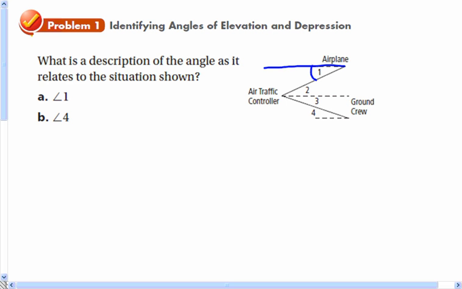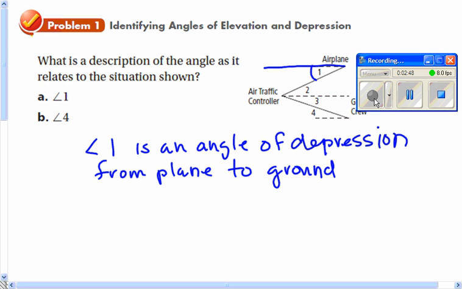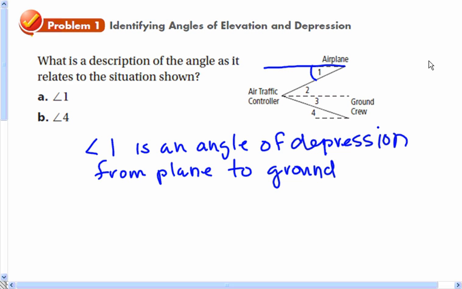So we're going to say that angle 1 is an angle of depression from the plane to the ground. And angle 4 goes from the horizontal line here, which now is the ground, and so that's an angle of elevation from the ground crew to the air traffic controller.